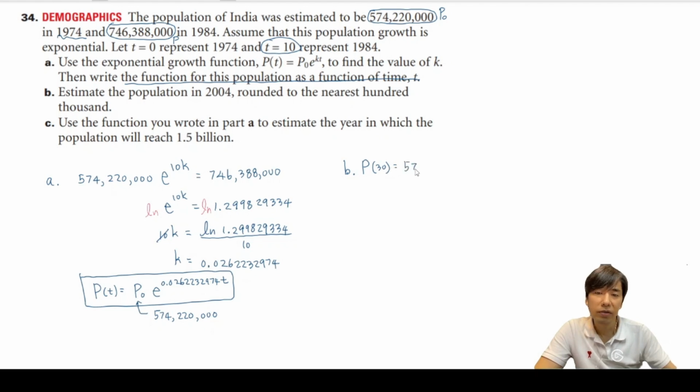So 574,220,000, the initial population, times e to the power of 0.0262232974 times 30.